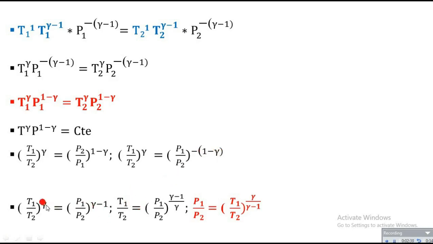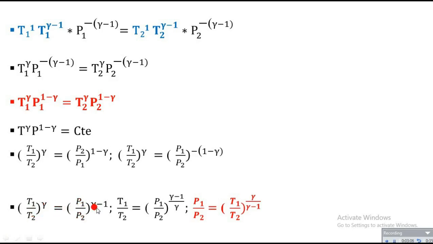Then you can say T1 over T2 is equal to P1 over P2, and here we can divide with gamma minus 1 over gamma. Dividing by the power is the same as taking the power of the reciprocal. So we have T1 over T2 is equal to P1 over P2, divided by gamma minus 1 over gamma.